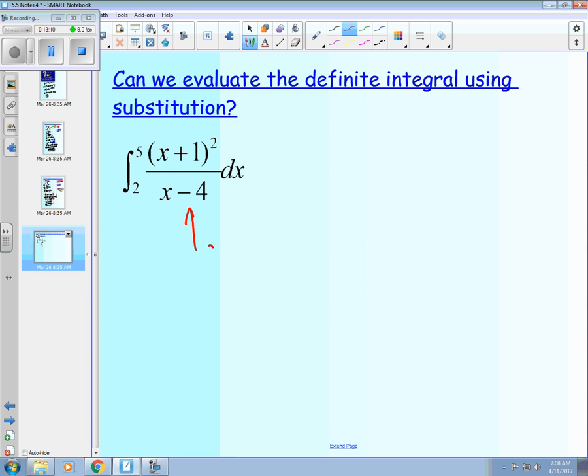Where would this one have an asymptote? Looks like at x equals 4, which means if we're trying to evaluate this one from 2 to 5, would that pass through our asymptote at 4? Yes.